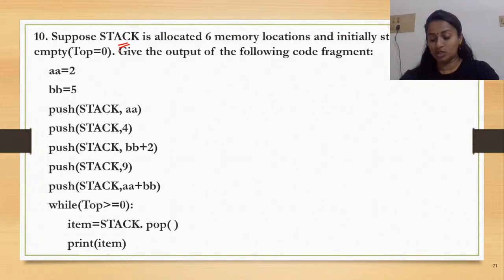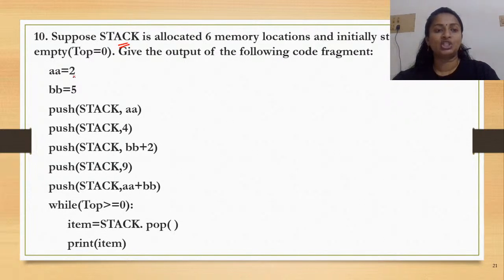So, definitely there are going to be push and pop operations. Here, push and pop functions are given. Now, let us assume that these are user-defined functions. Push is a user-defined function which is actually appending or adding a value to the stack. Is the idea clear?